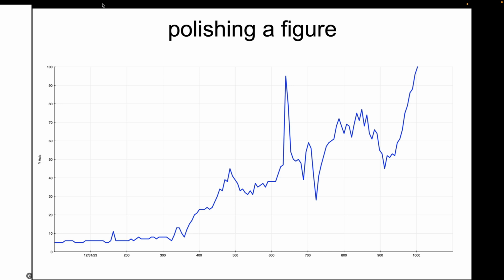Everybody with me on that? With a vector-based thing, I just say, go to 10, 100, start there and go over to here, and it'll be a nice crisp line. It doesn't matter if it's the size of my phone or the size of the billboard. Cool? So vector-based versus raster-based.